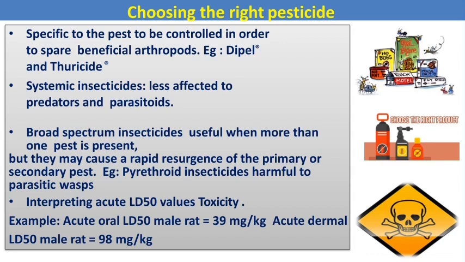It means the insecticide should be right. A broad spectrum insecticide is useful when more than one pest is present in our agro-ecosystem. Then, interpreting the acute LD50 value: an acutely toxic insecticide means a single dose is required to kill the insects.